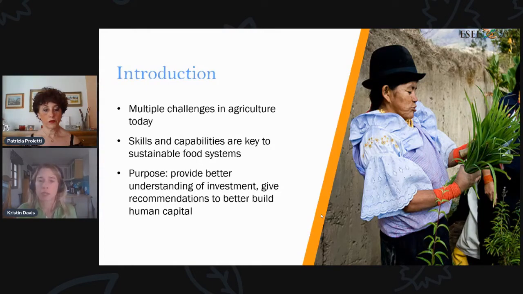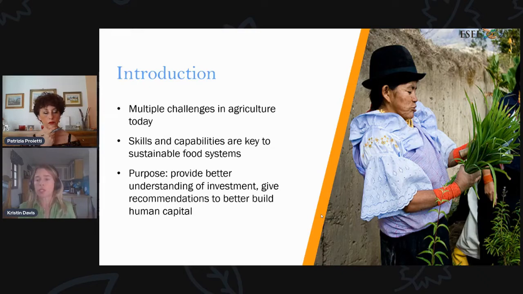So we decided to do this study to look at how we can better invest in human capital in agriculture, with a view to providing recommendations and information that will help investors, whether they be international financing institutions, bilateral donors, governments, the private sector, and also the many NGO programs that also invest.